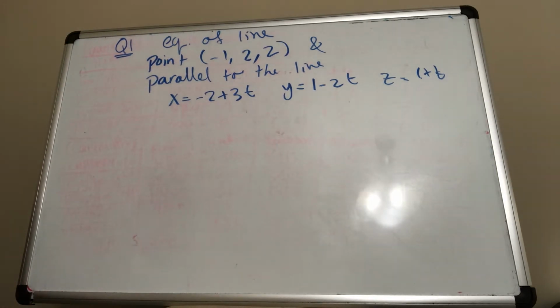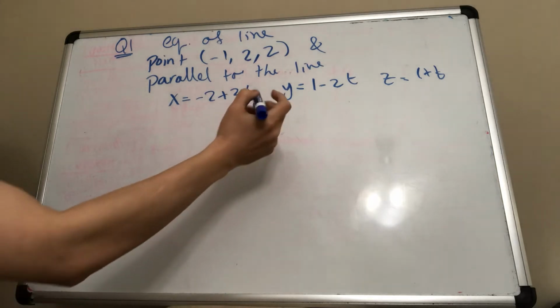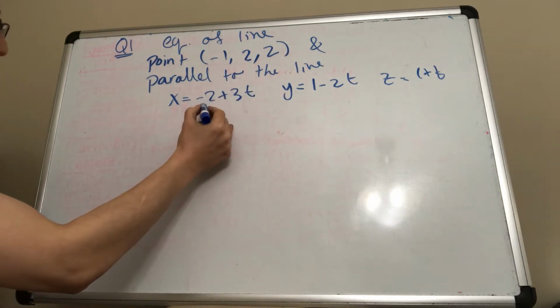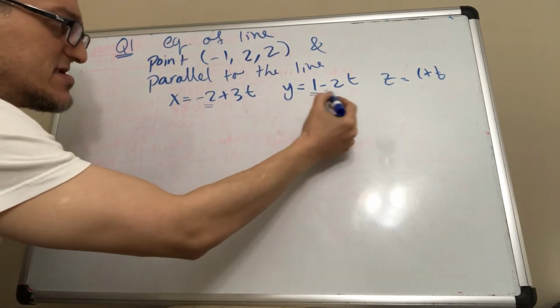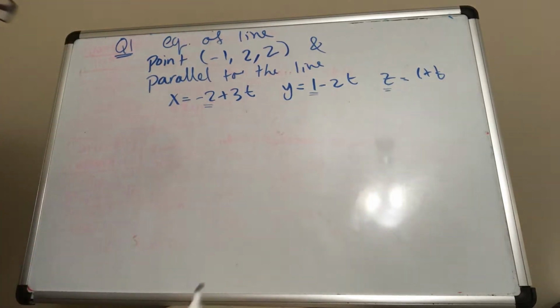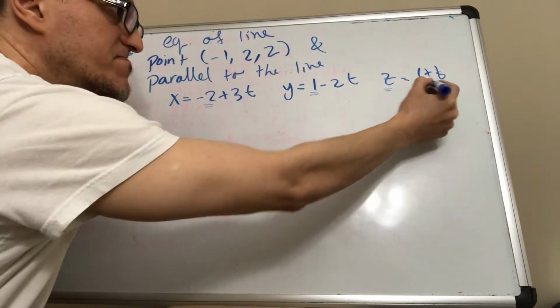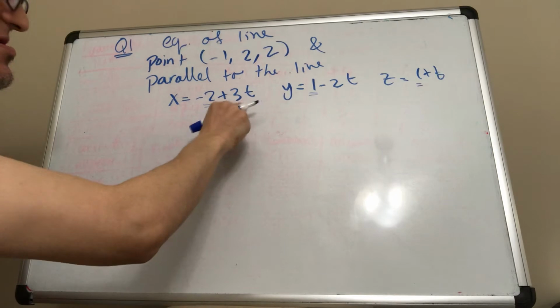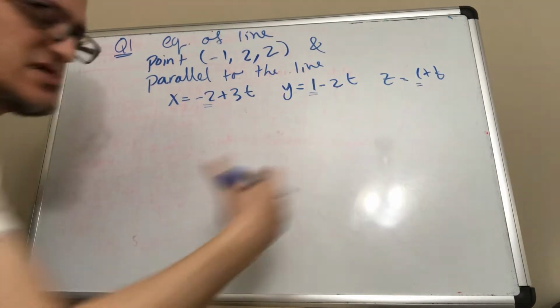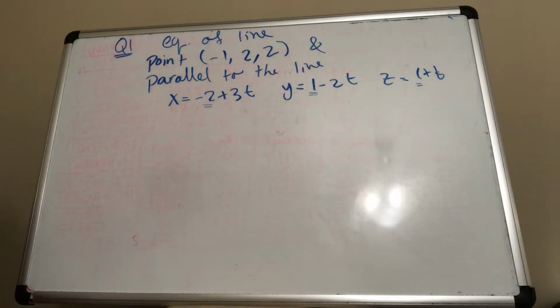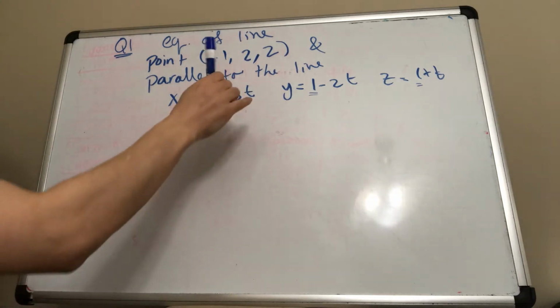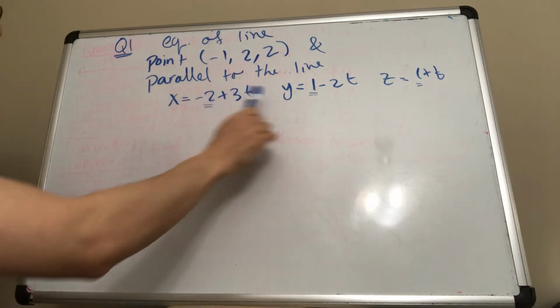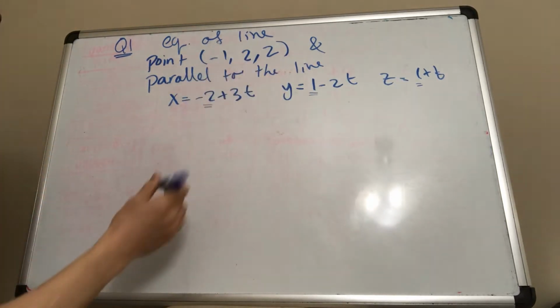Now, pretty much if this is what the question is, all you need to know is that this number represents a point on the line, and whatever is with the t is a vector. We'll talk about this later. So all you need to do is replace the point by whatever the point is.